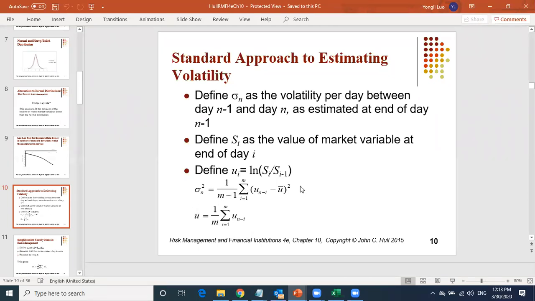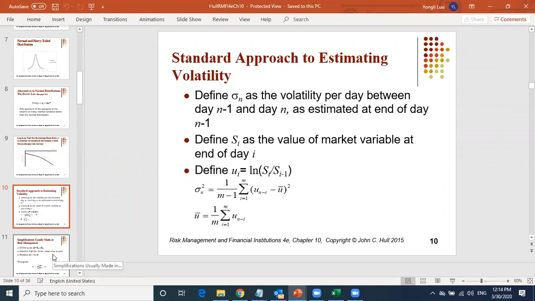And then you take the deviations and sum them up. This is the variance, delta squared. Then you take the square root of the variance, that's your standard deviation, which is the volatility. This is one way we use, taking the ln of the price ratio.